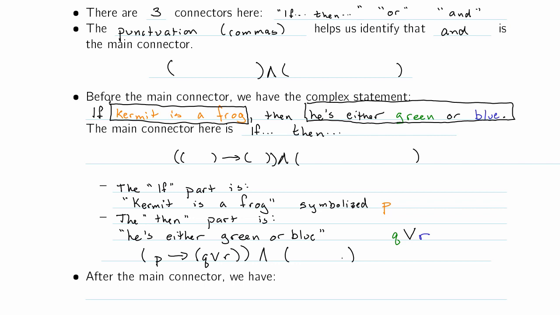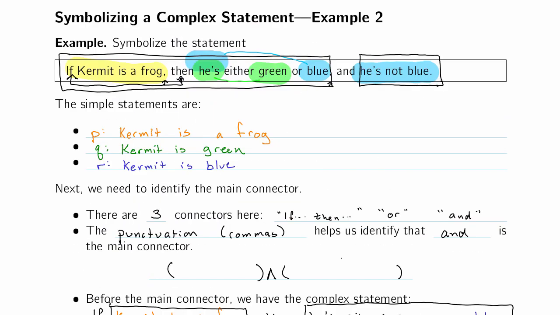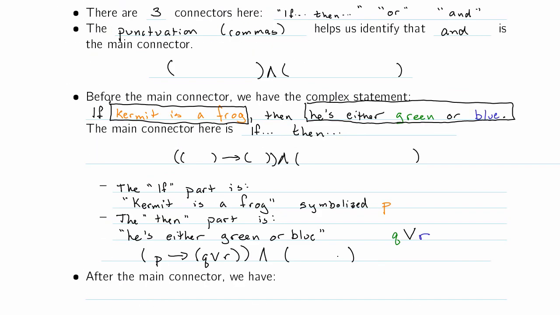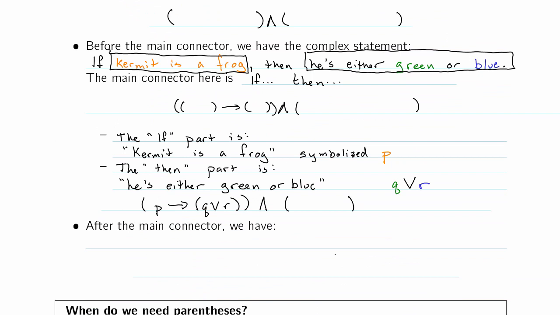Okay, what do we have after the main connector? The main connector was that and. After that we have and he's not blue. So after the main connector we have he's not blue. And that we would symbolize as not R. Remember, statement R was he is blue.